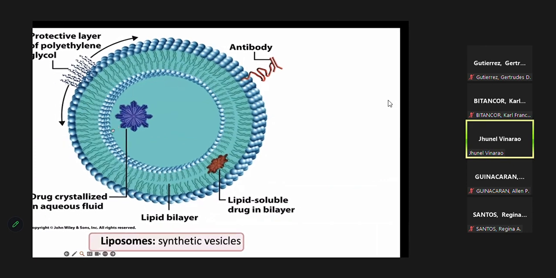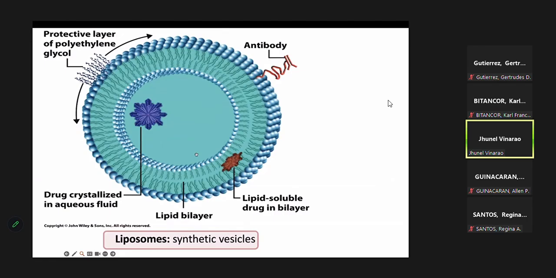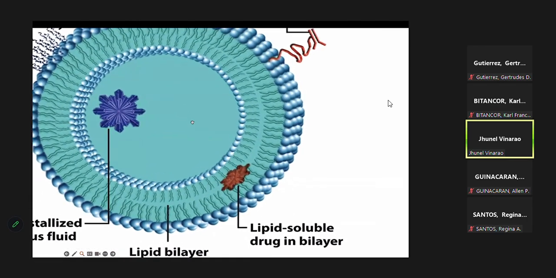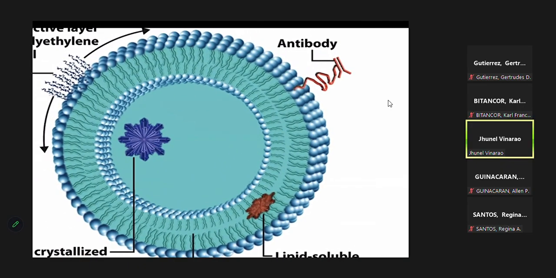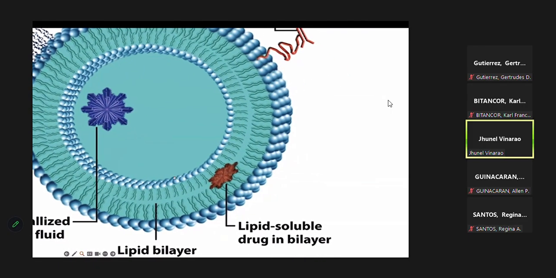So, pwede rin naman na let's say yung drug mo is non-polar, you can protect it kasi it can incorporate itself sa non-soluble segment or region of that lipid bilayer.